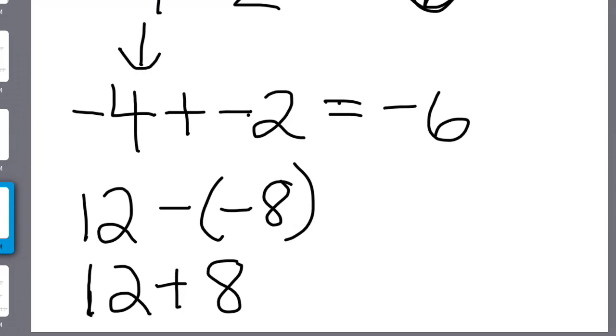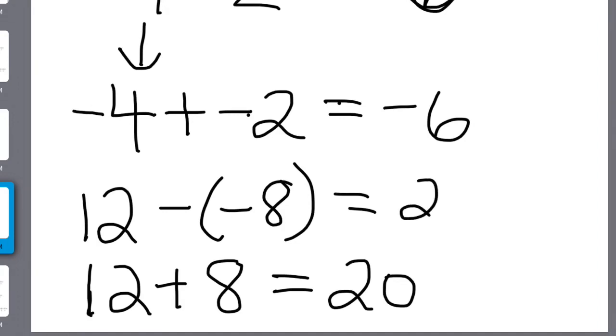So 12 plus 8 equals 20. 12 minus negative 8 is the same solution as 12 plus 8. They are equivalent expressions. So 12 minus negative 8 is also 20.